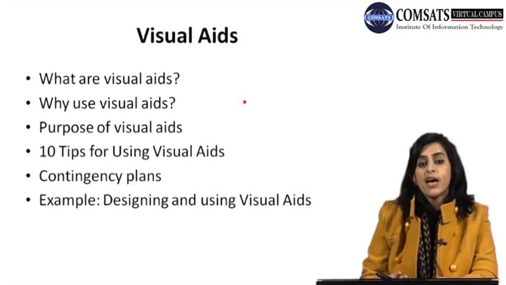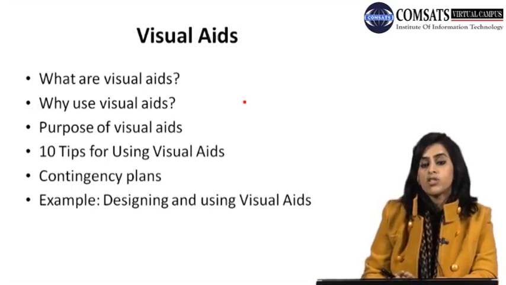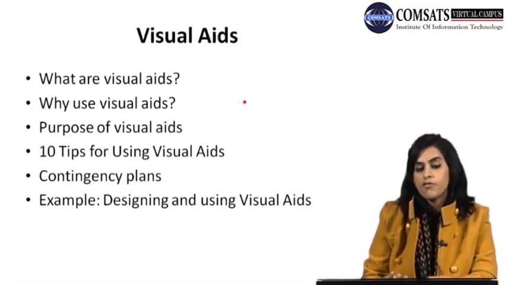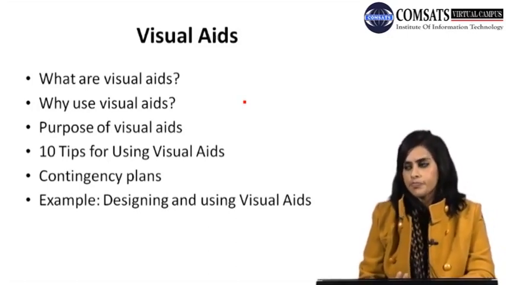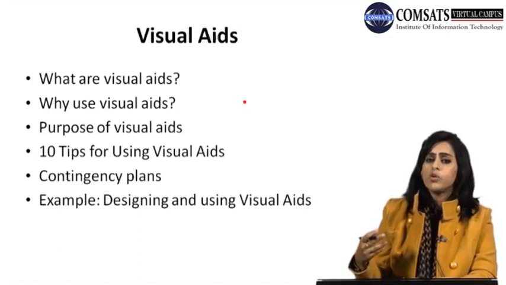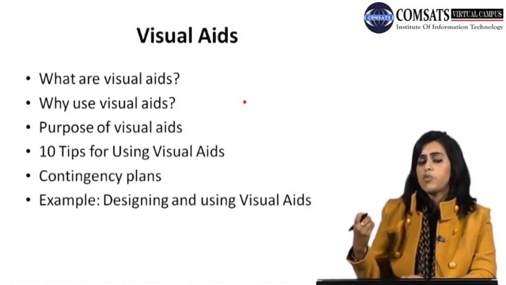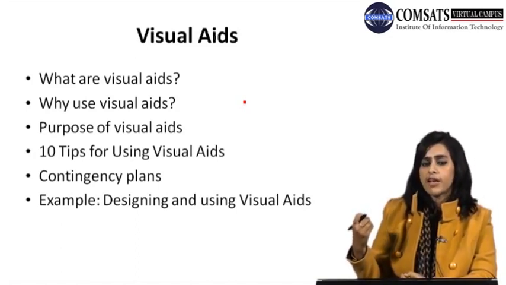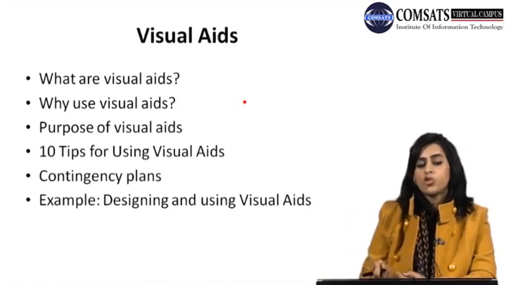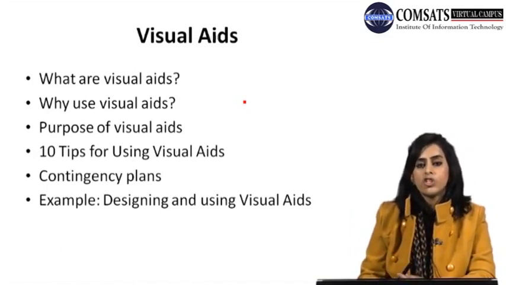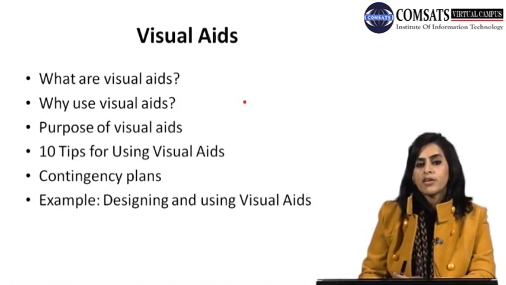Then there are some contingency plans that you are supposed to keep in mind while making use of these visual aids. To give you just one example, I told you that if you want to make use of visual aids like PowerPoint slides, try to make sure that the room in which you are presenting matches your medium of PowerPoint.